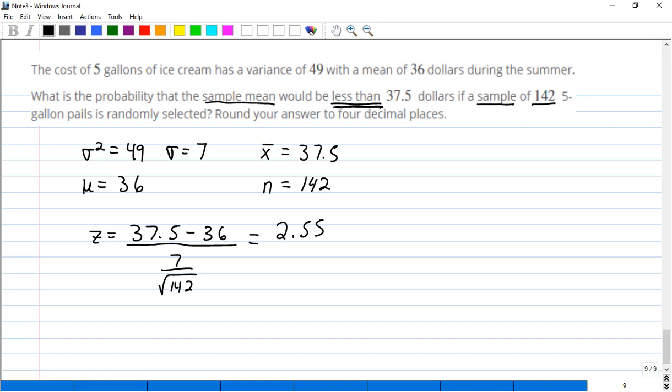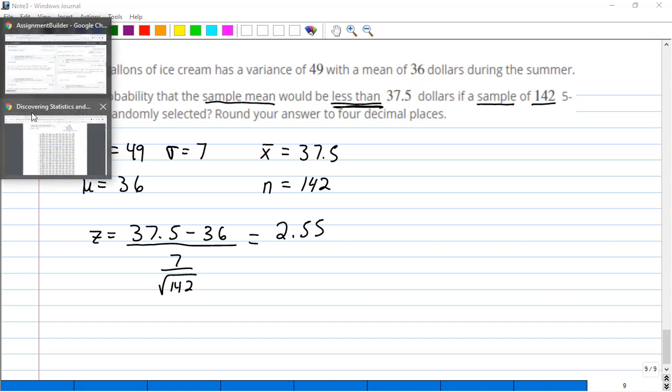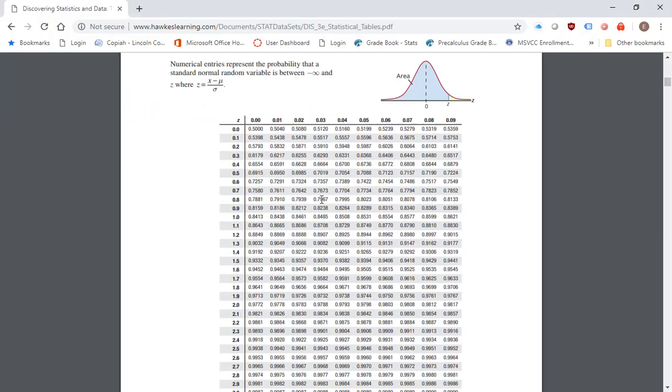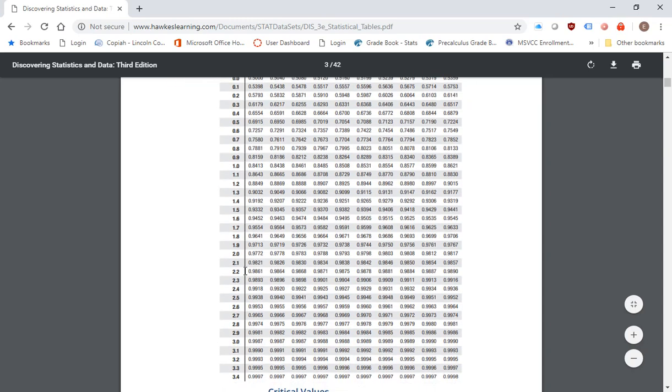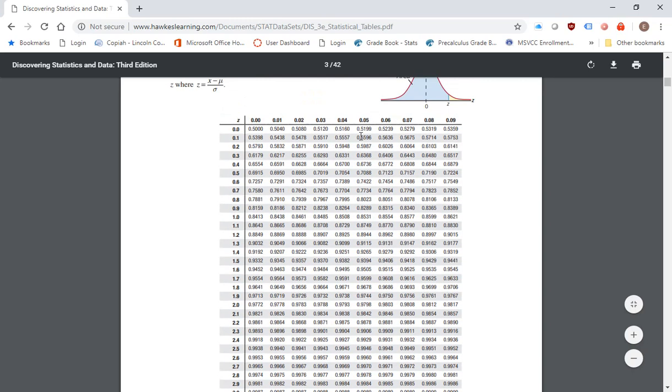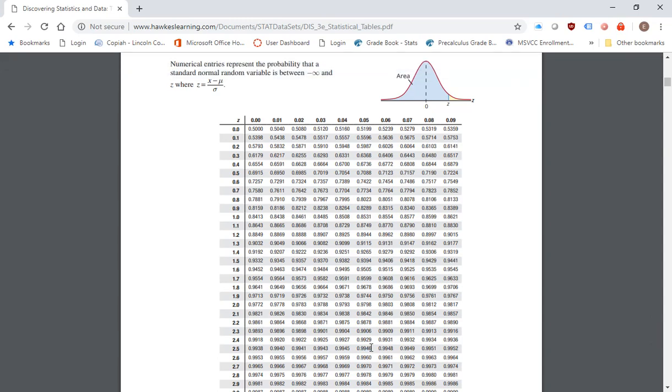So now this is a less than problem. So I can go to my z-score chart and just take the value that it gives me, because that will give us the area to the left of that z value. So 2.55. And what did you get? 0.9946.